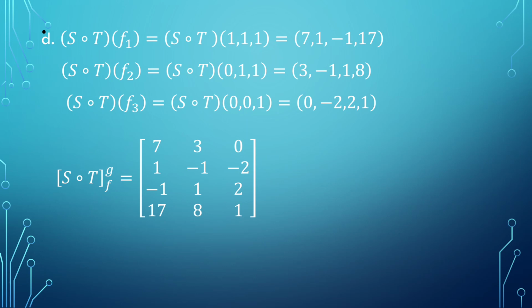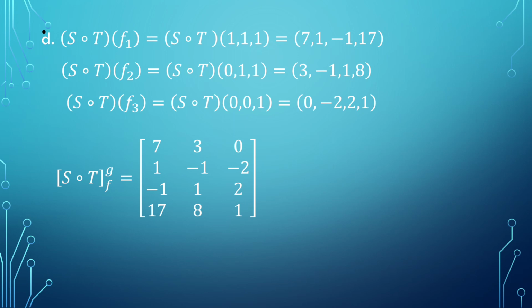Now the next one is the transformation S∘T. Remember we had done S∘T. The first thing that we did in A is actually S∘T. What we did not do is use the basis in the transformation.